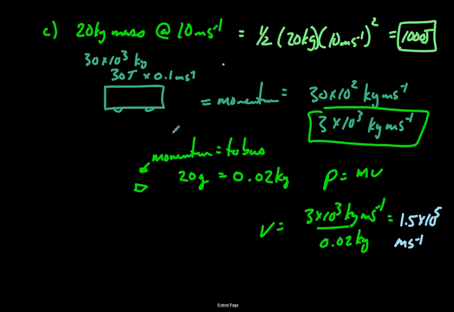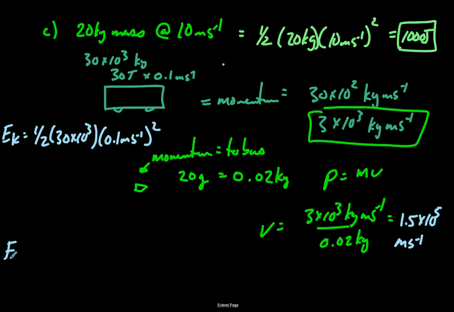Now figure out their kinetic energies, okay? So EK of the bus is going to be 1/2 its mass, so 1/2 times 30 times 10 to the 3 times its velocity squared, 0.1 meters per second, squared.